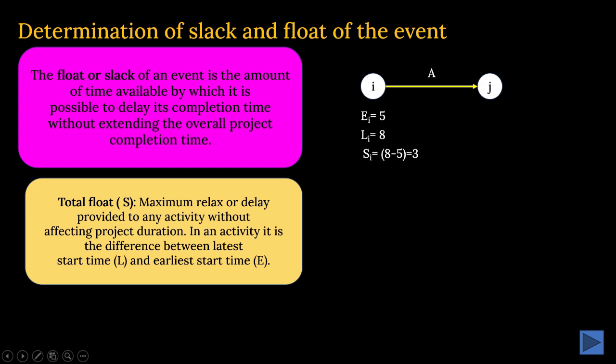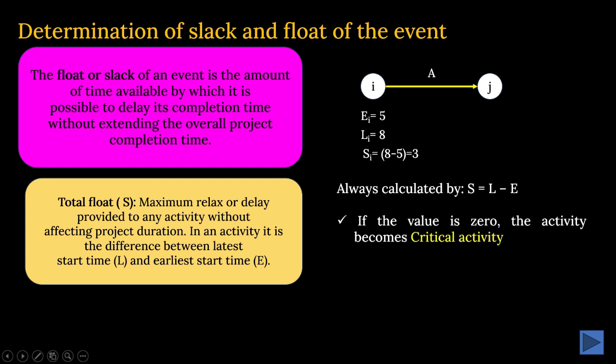Similarly, what will be the value of S? The value of S will be the total float, the difference between L and E, latest start time and earliest start time. So 8 minus 5 is equal to 3. Clear? Always calculate it by S equal to L minus E, as I have mentioned.